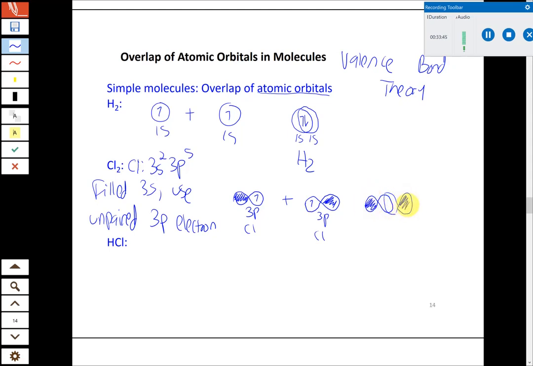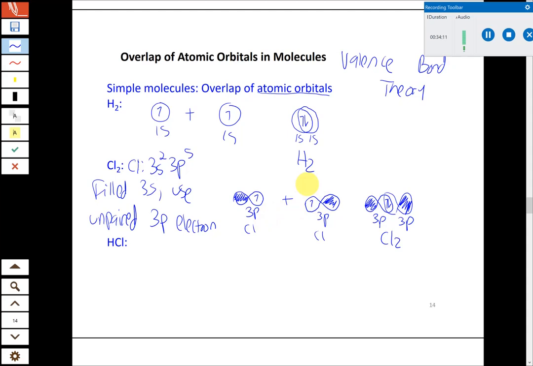And in the region where the two 3p orbitals overlap, you're going to have two shared electrons. And so that's, again, valence bond theory, taking two separate atomic orbitals from two different atoms and overlapping them to make the covalent bond. In this case, it's going to be 3p orbitals because that's where the unpaired valence electrons are in the chlorine atoms that you can then pair up and share when you overlap the two orbitals.